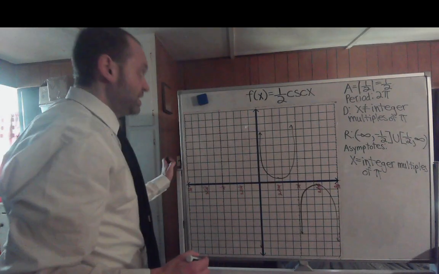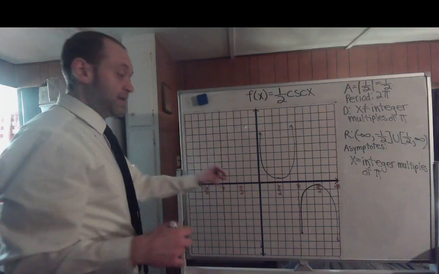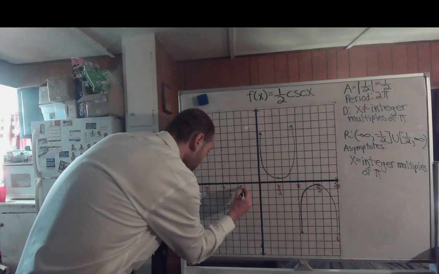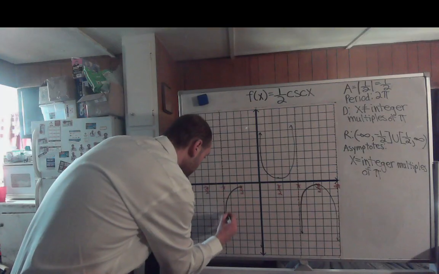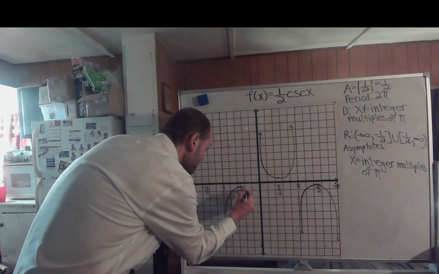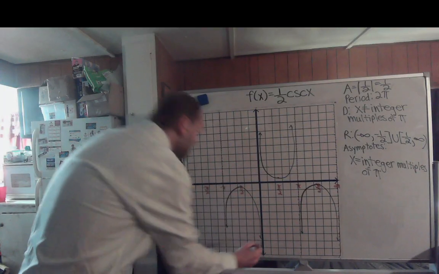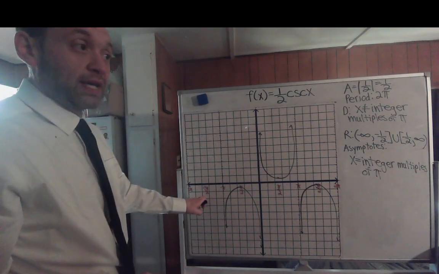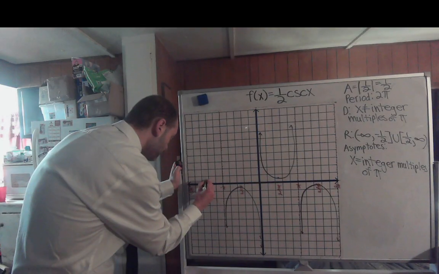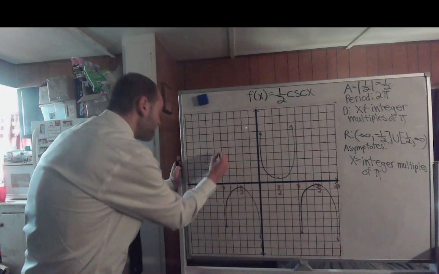And then, let's see, negative pi over 2, you also get negative 1. Take half of that, you'll end up getting negative 1/2. And then negative 3 pi over 2, you normally get 1. Take half of that, you'll end up getting y equals 1/2.